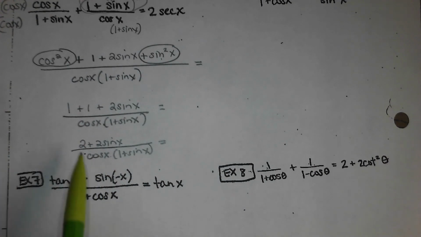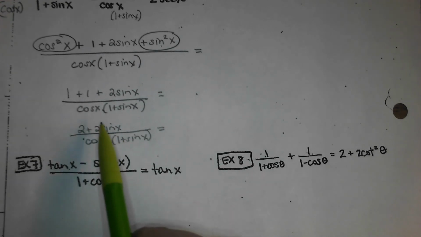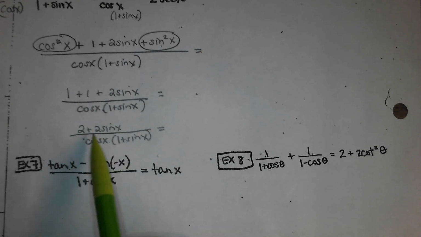Nate, what could you do next to this left-hand side to continue simplifying? How about your numerator? How could you rewrite your numerator?